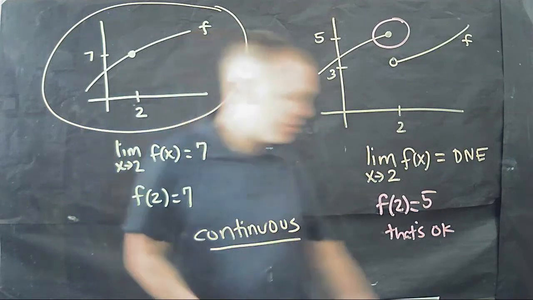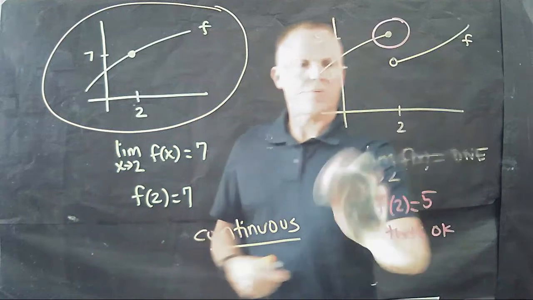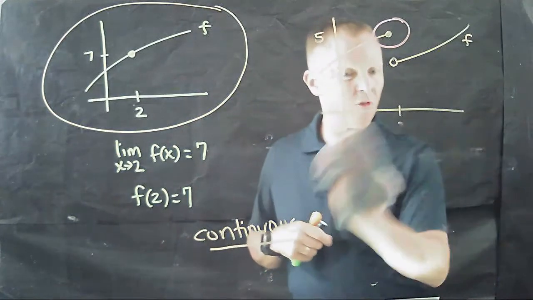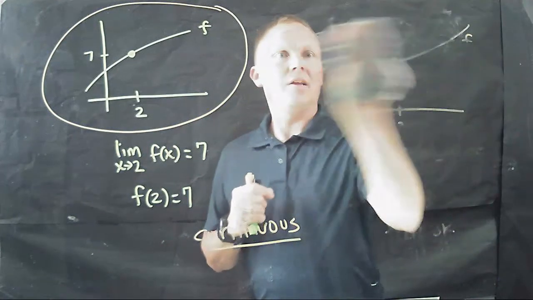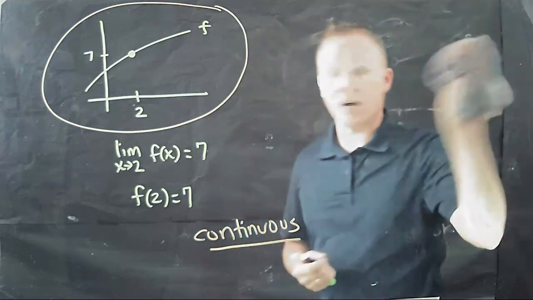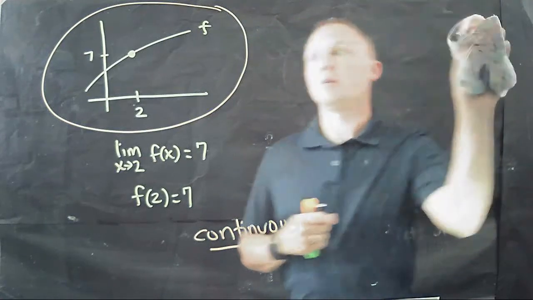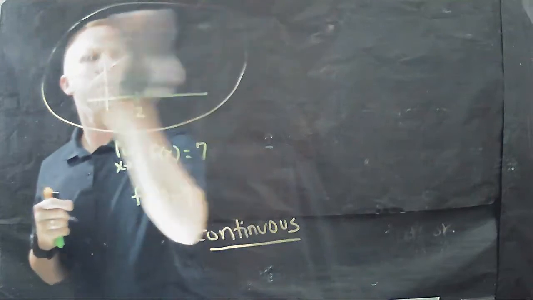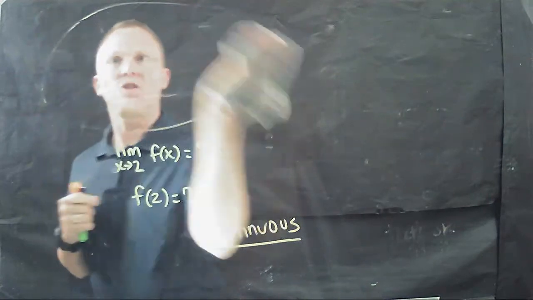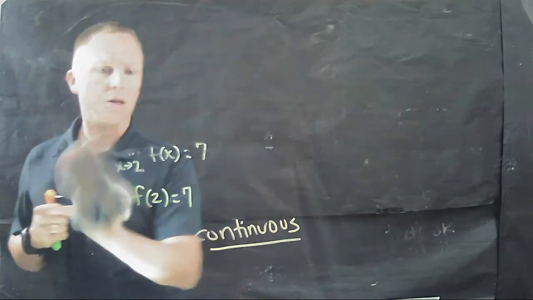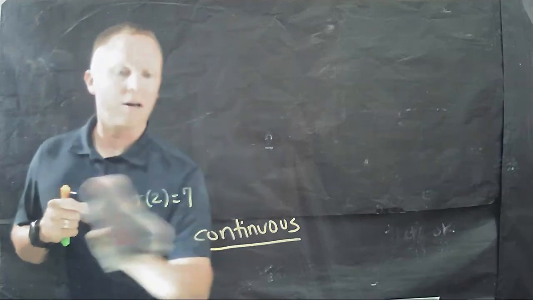But now we could probably come up with a more formal definition of continuity in the context of a limit. So what does it mean for a function to be continuous in the context of a limit?